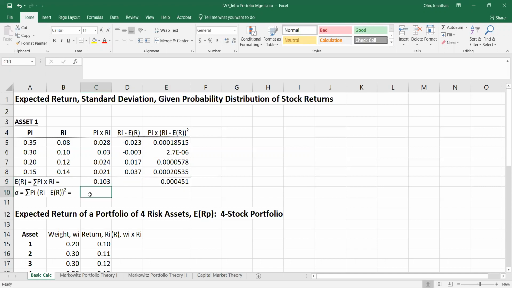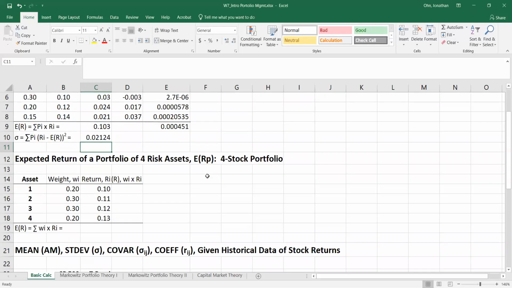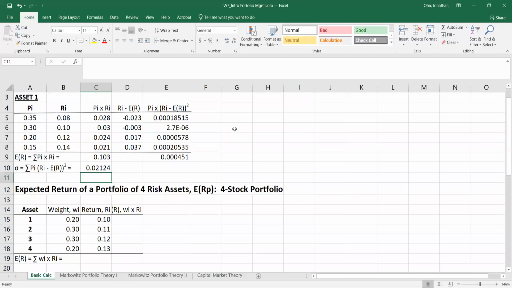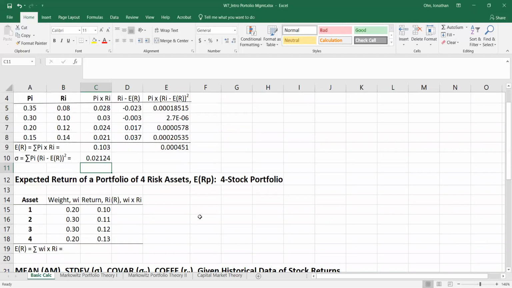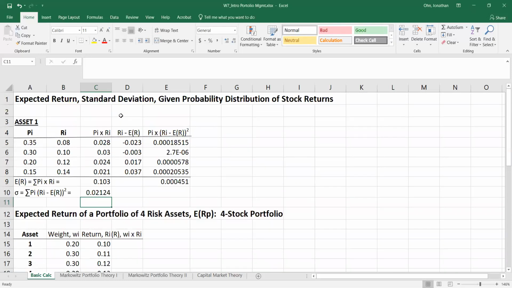So standard deviation is this one to the 0.5. So 2.12%. That is your standard deviation. This is how you calculate the expected return and standard deviation, just a review of what we did in chapter 1. Excel is very useful. Now we have the expected return and standard deviation for asset 1.